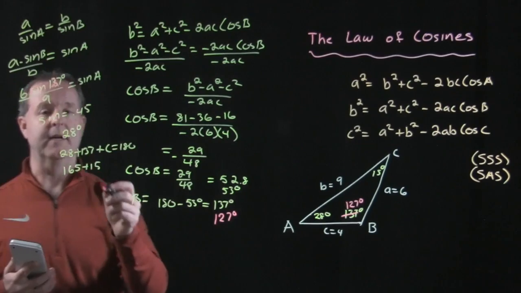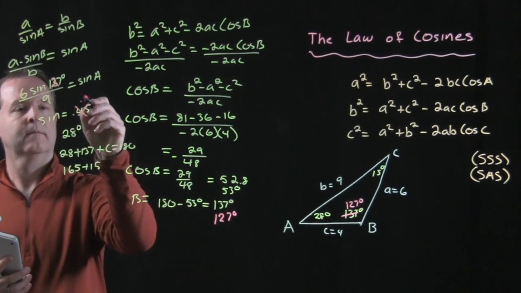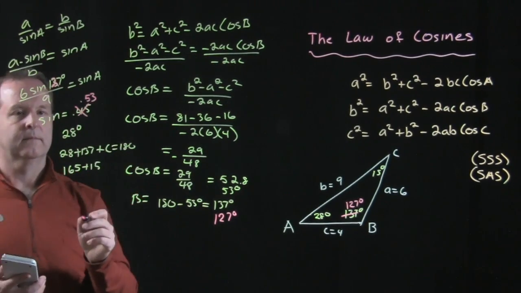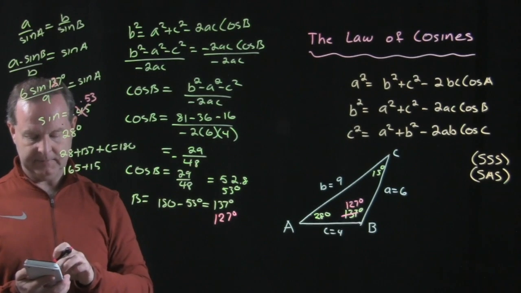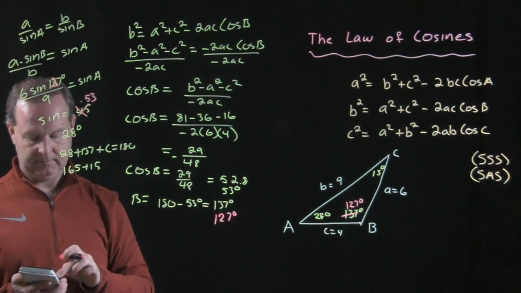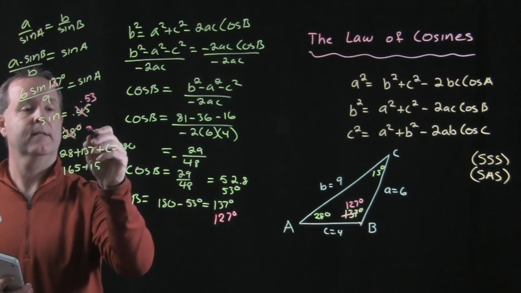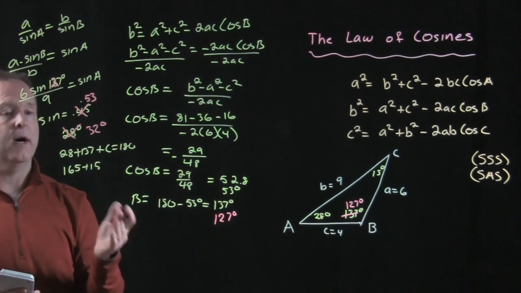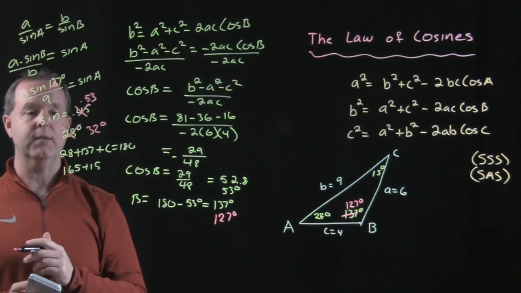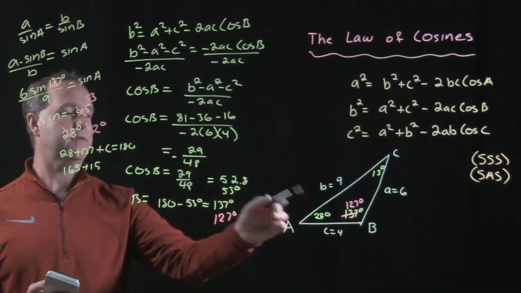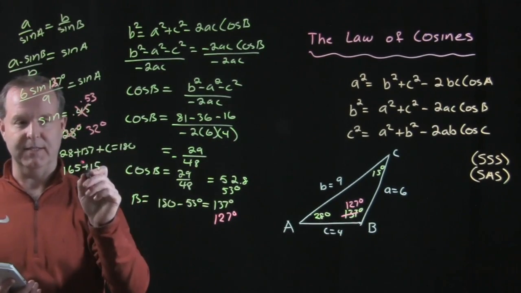Equals 0.53. Inverse sine of that then equals 32 degrees, or 180 minus 32 degrees, which is too many degrees for this triangle, so it has to be 32.